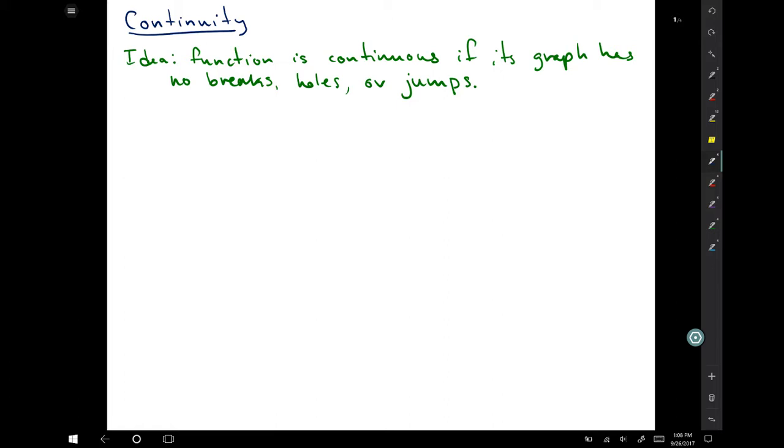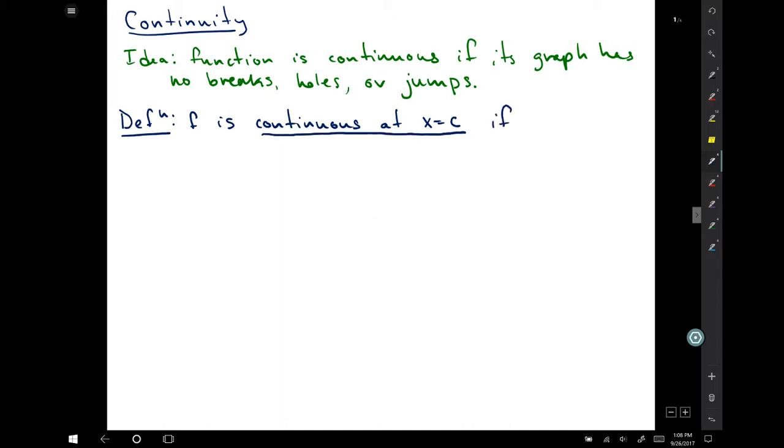So we have the formal definition of continuity that says a function f is continuous at the point x equals c, and that's what we're defining, what it means to be continuous at a point, if the limit as x goes to c of f of x is equal to f of c.